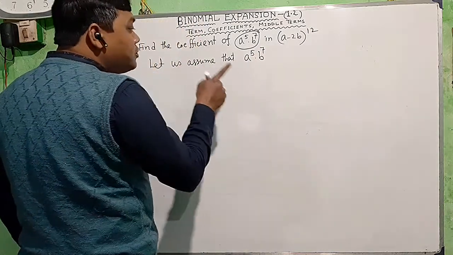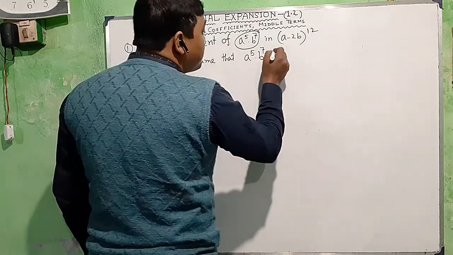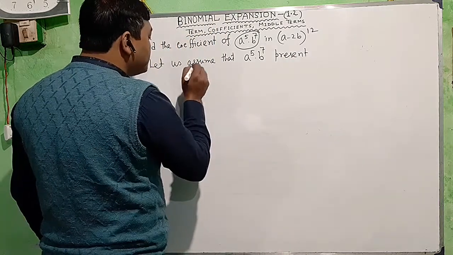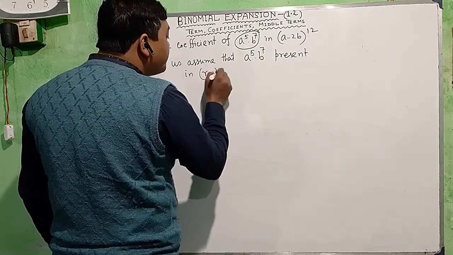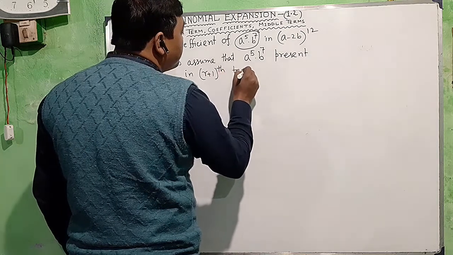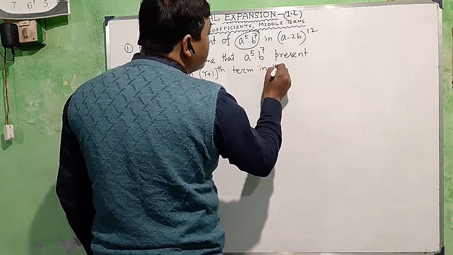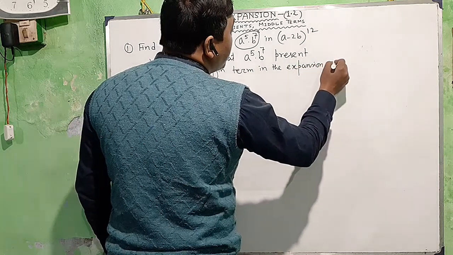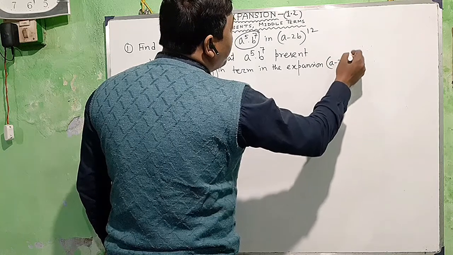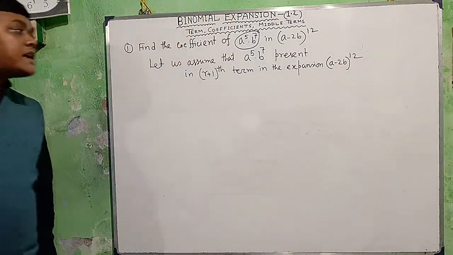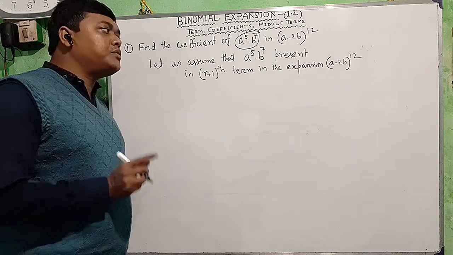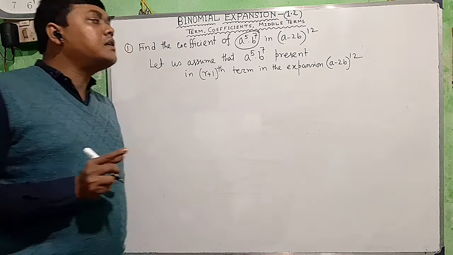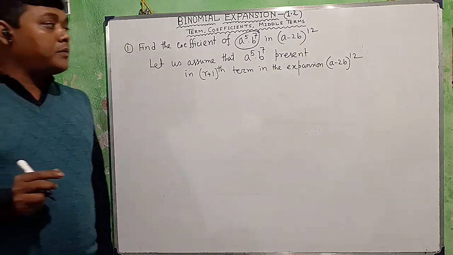Let us assume that a to the power 5 into b to the power 7 is present in the (r plus 1)th term in the expansion (a minus 2b) whole to the power 12.